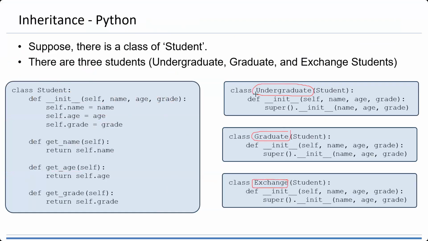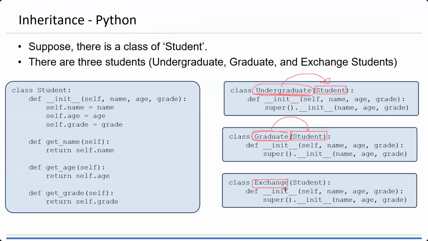The class undergraduate is a student. So we call this an is-a relationship, because the undergraduate class will follow the general information in the student class. The graduate student will follow the general information from the student class.